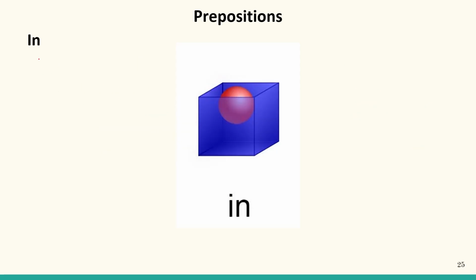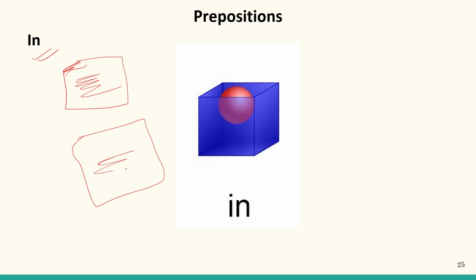Now we have another preposition, that is in. Now in is used to show the position of something which is inside something. When something is inside something, we use in. When something is within the boundaries of something, we use in. For example, the ball is in the box.